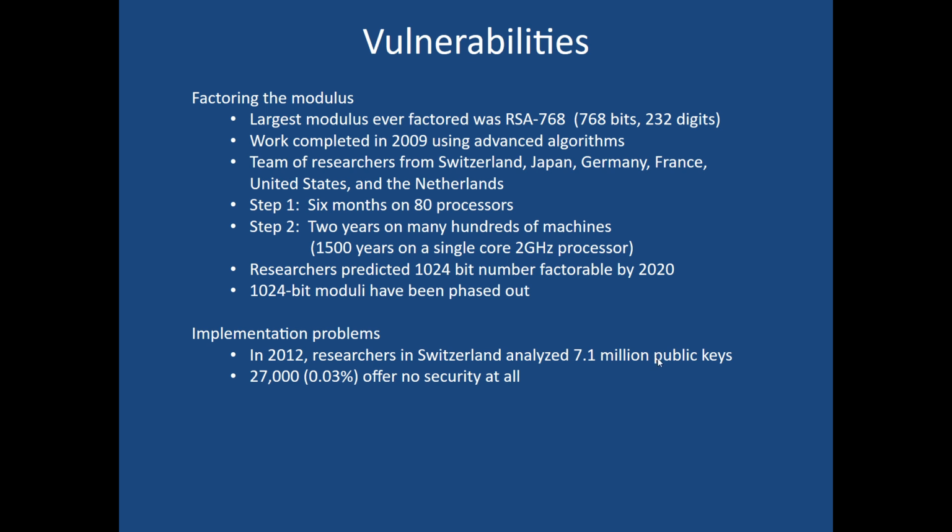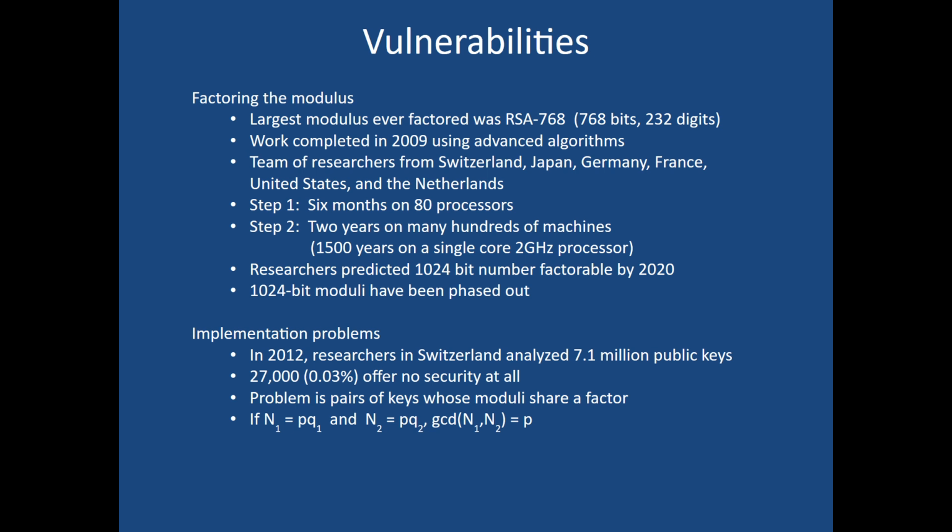Let me explain what I mean by no security at all. They would go to this website and grab a public key, and go to that website and grab a public key. And they would discover that one public key was a product of P and Q1, and the other public key was a product of the same P and a different Q. And how did they determine this if it's hard to factor numbers?